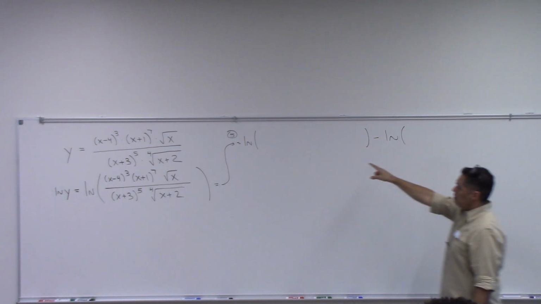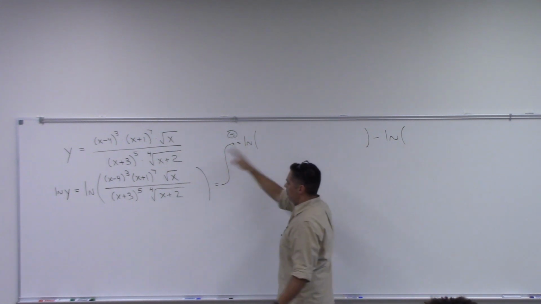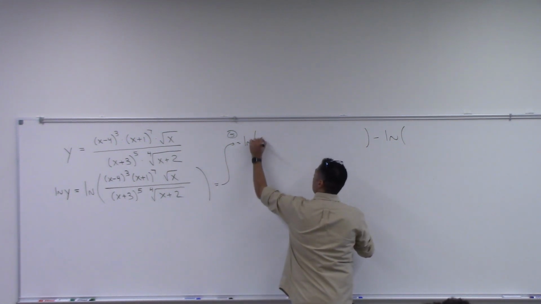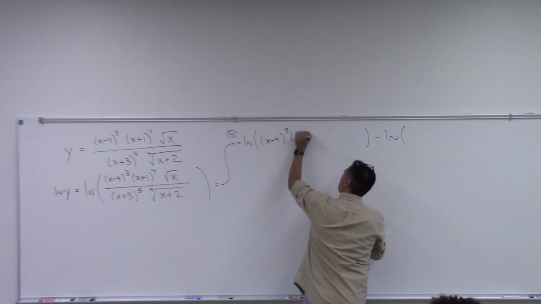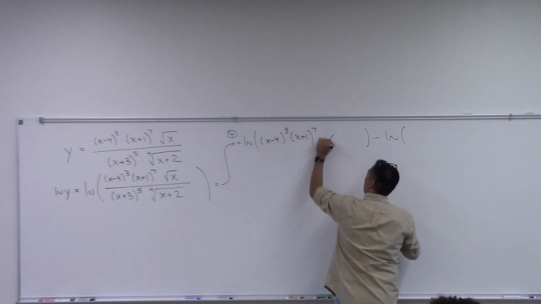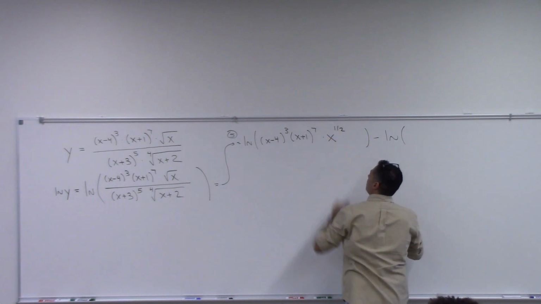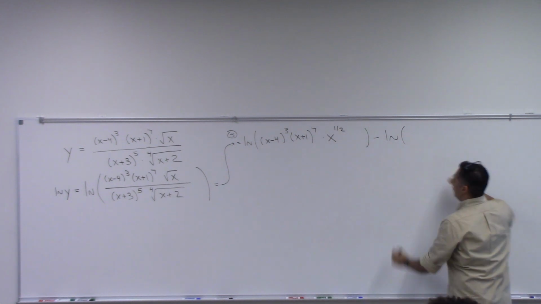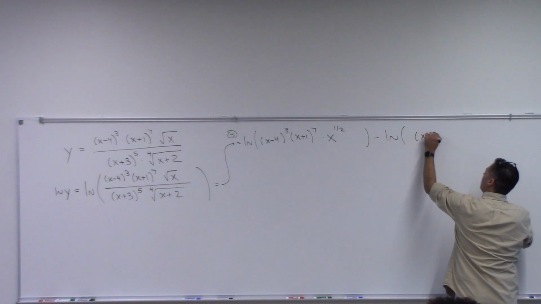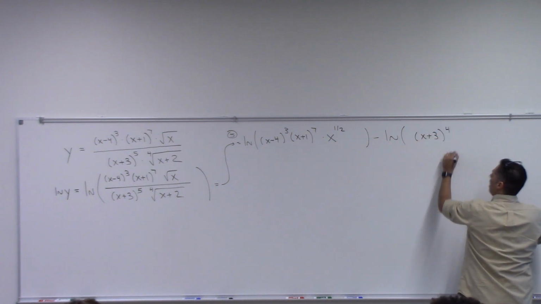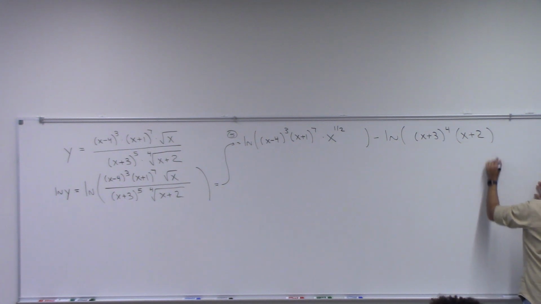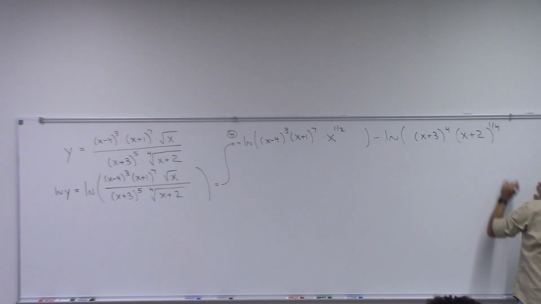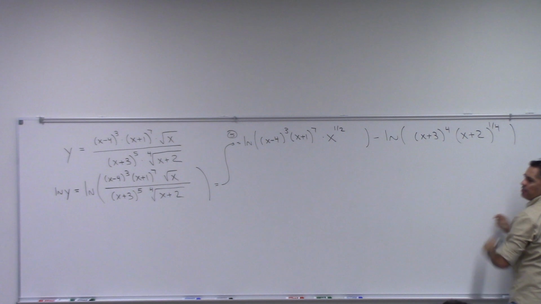Now the top one, the first one gets the top inside, right? x minus 4 to the third, x plus 1 to the 7th, and then, can I write that as x to the half? And then over here, this gets the bottom one. So x plus 3 to the 5th, and then x plus 2 to what power? 1/4. Right? Because it's the 4th root.